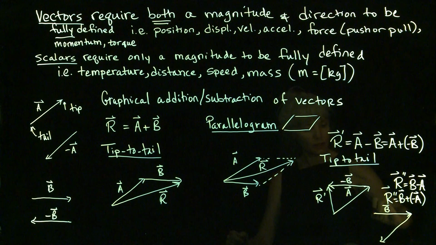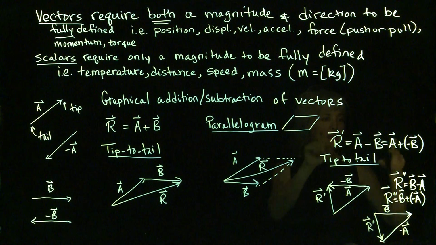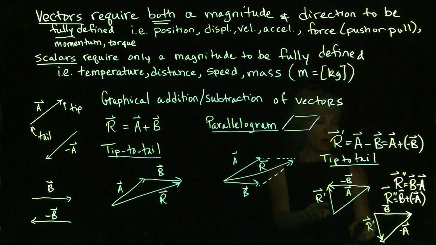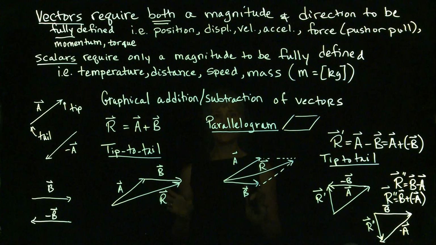And you can see that this is the vector R double prime. Notice that A minus B and B minus A are vectors that have the same length but point in exactly opposite directions.